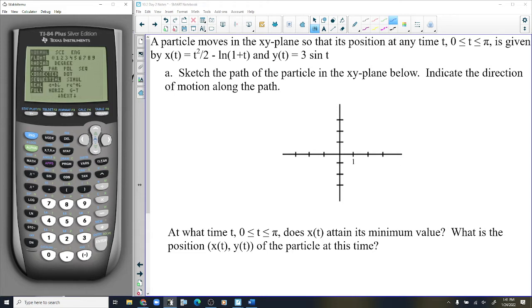Hit mode, parametric mode. Go to y equals, and we got t squared divided by 2 minus natural log of 1 plus t. There's the x. And then 3 sine of t.